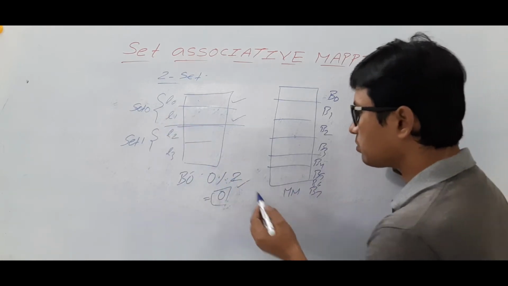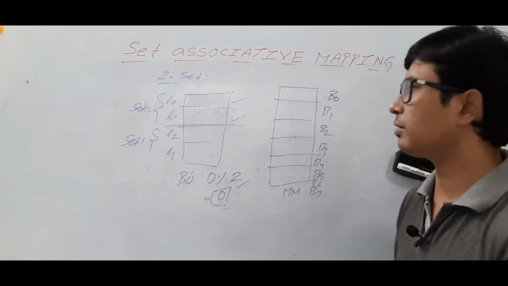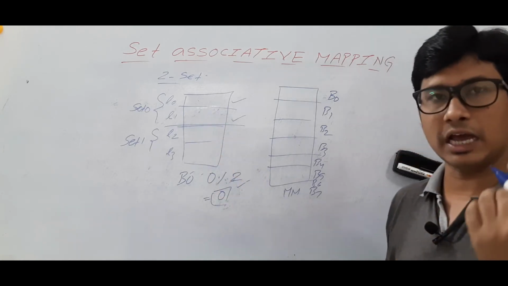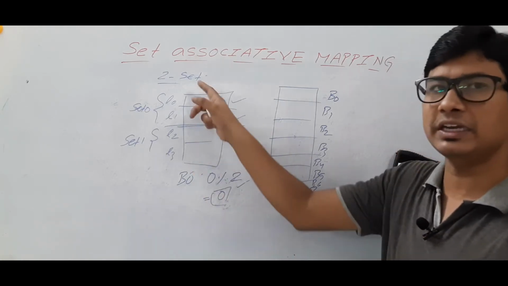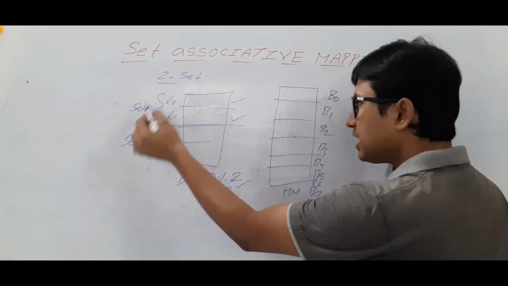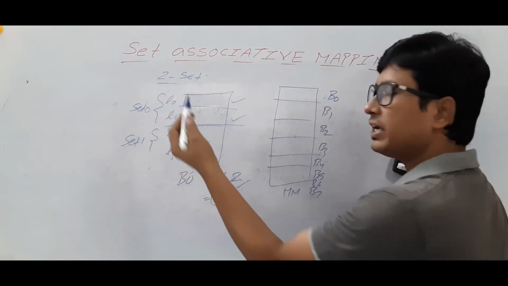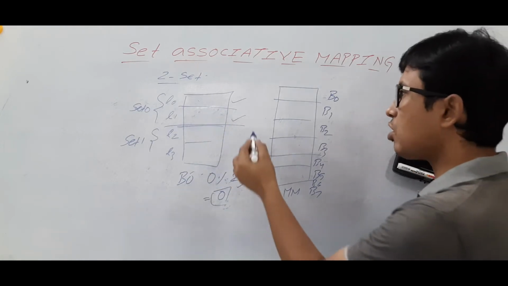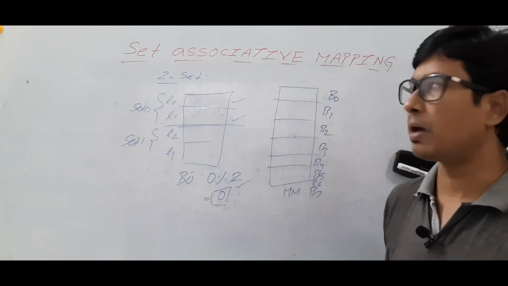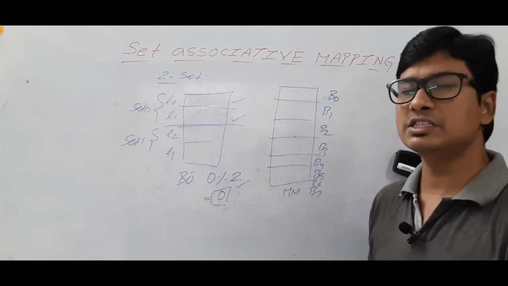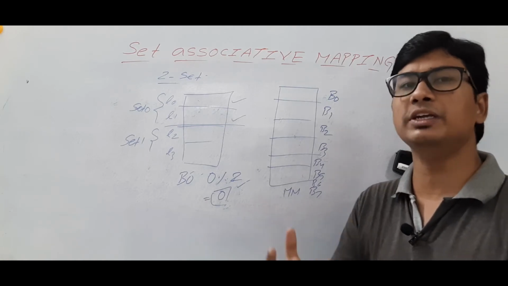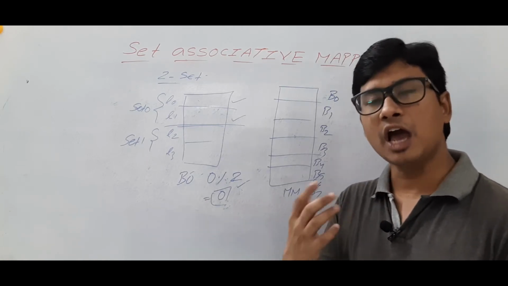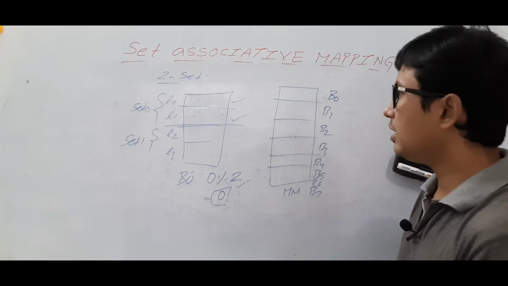So this concept is similar to direct mapping. Now in associative mapping, it can be kept anywhere. So inside the set, where n lines are there, the block can be kept anywhere. This concept is similar to associative mapping. That's why set associative mapping is called a combination of direct mapping and associative mapping. Are you able to understand?